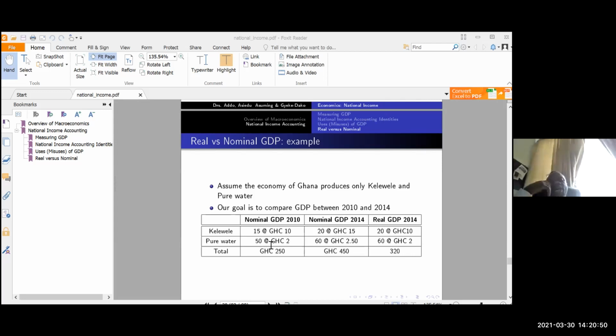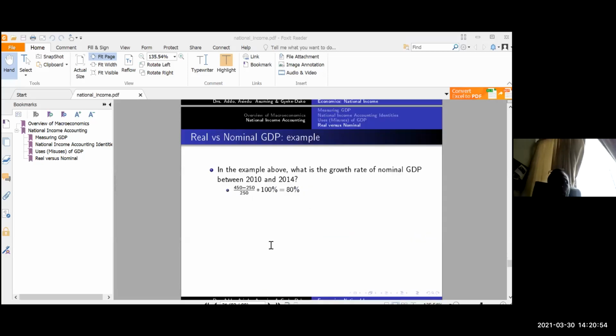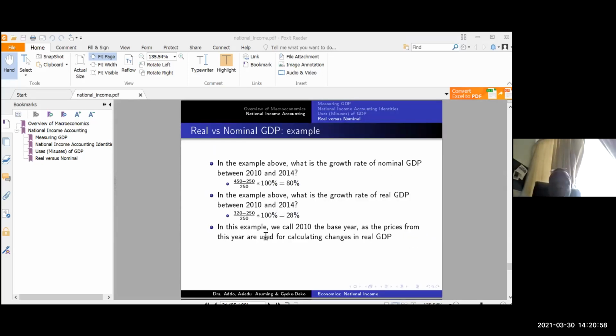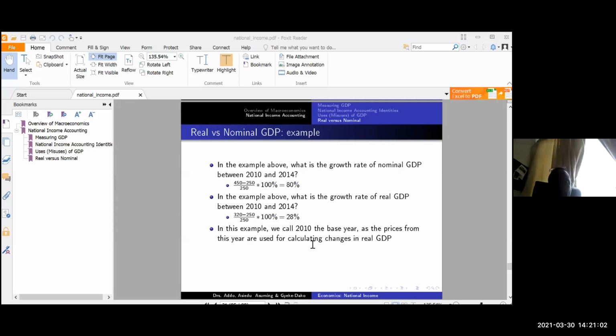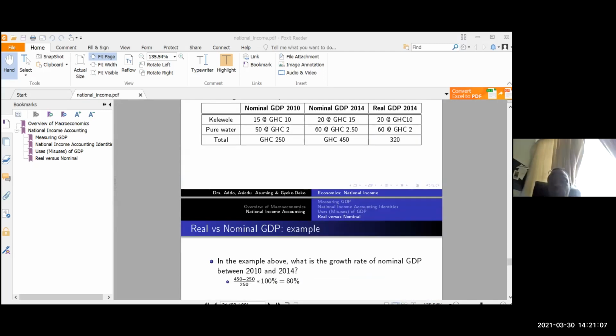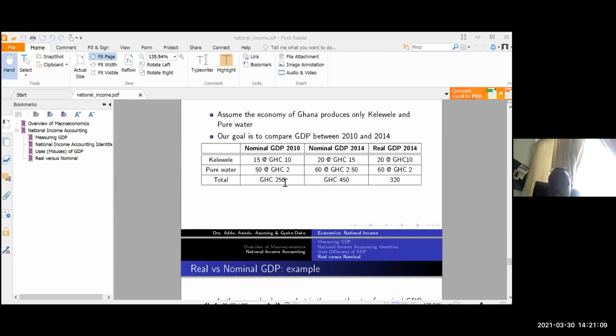Okay, so in calculating this, we always set a base year, and in this example that we have, 2010 is set as the base year. Therefore 2021 can be compared to 2010. The nominal GDP we will get in 2020, 2021 or 2022 can be compared to this.